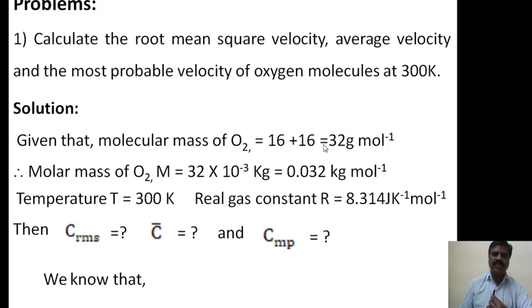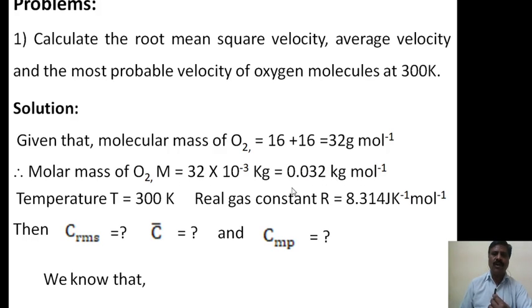Then this gram per mole can be converted into kg per mole by multiplying by 10 raised to minus 3. Therefore the molar mass of oxygen, written as M, is equal to 32 into 10 raised to minus 3 kg, and after dividing 32 by 1000 we will get 0.032 kg per mole.